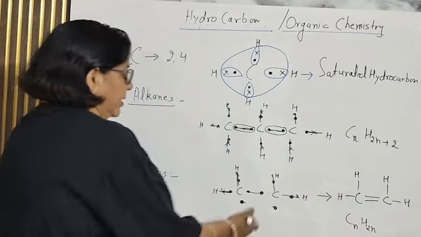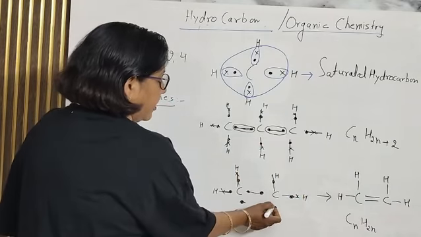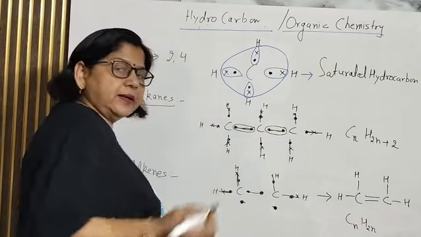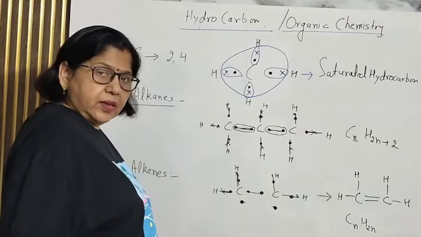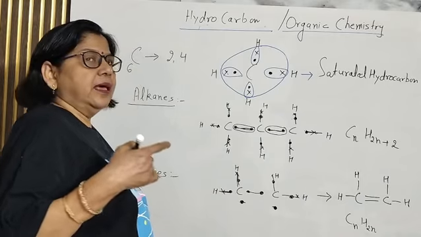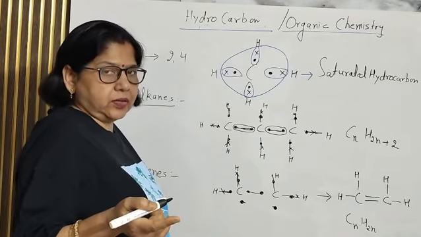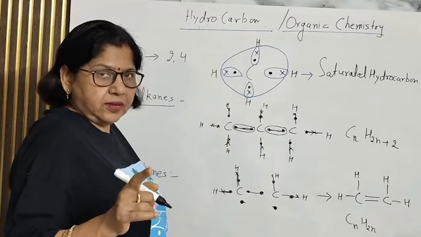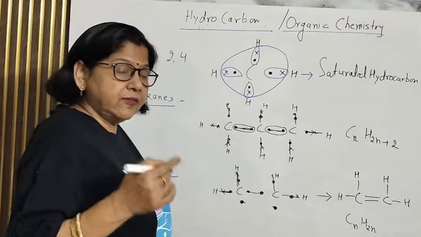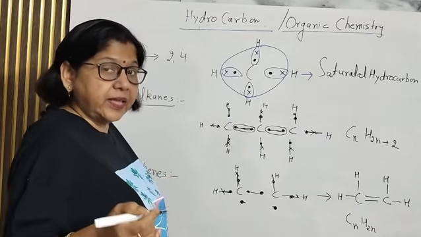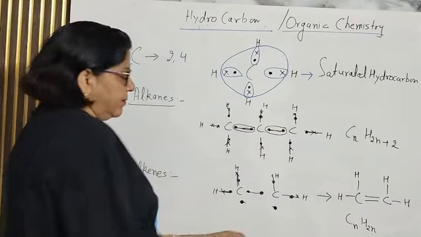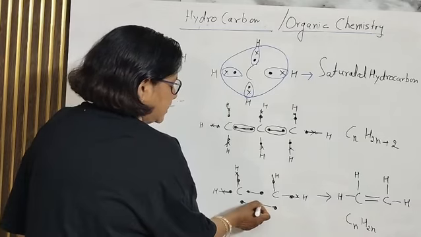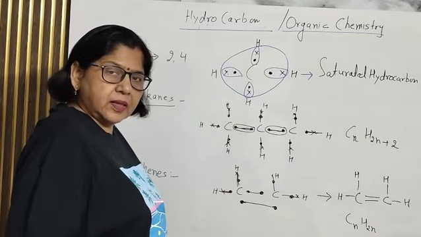But what happens, children, if these two electrons of the carbon atom are not getting any other hydrogen with which they can share? And any electron in any molecule cannot be left alone, single, free. So what do they do? For the time being, they share amongst themselves.